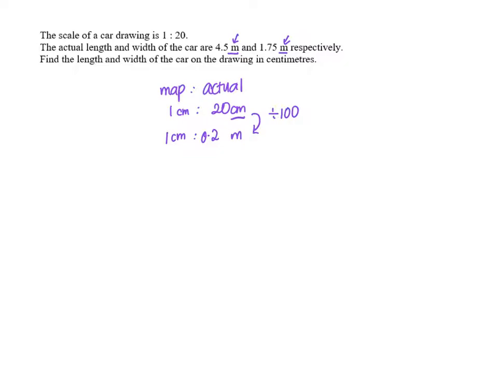So this is 1 cm, 0.01. Now they give me the actual length. I'm going to find the length first. 4.5, put where? Map or actual? Actual. 4.5 meters.